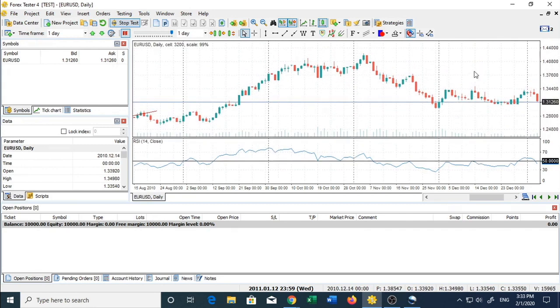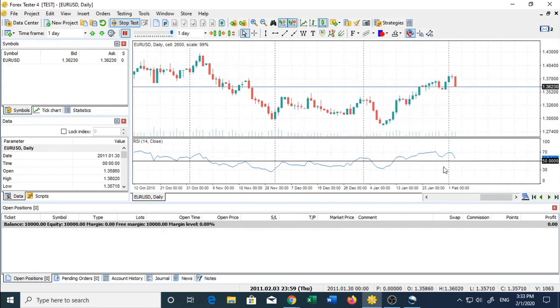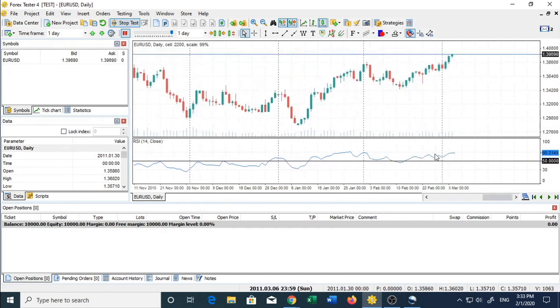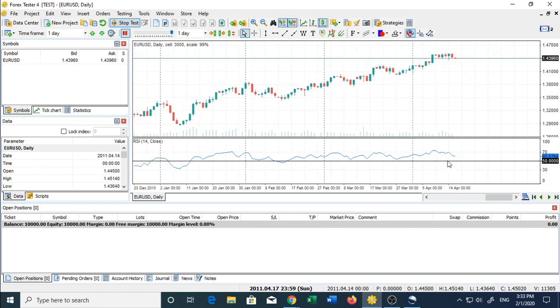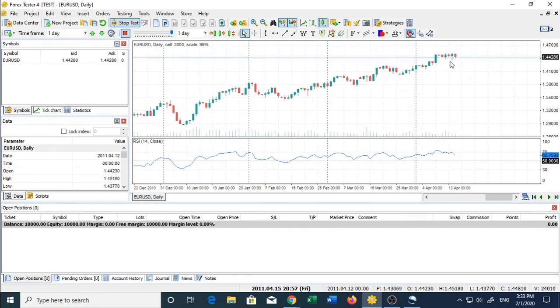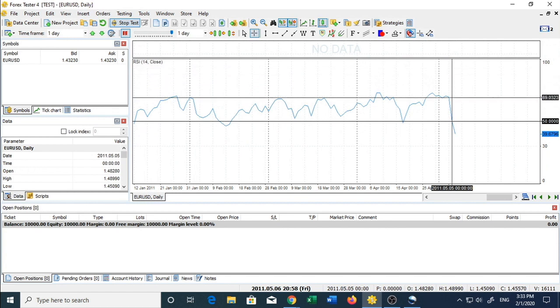Let's look for an example. This one nearly touched it. Oh, there you go. That's a signal for a sell trade, but it didn't work. See, the prices started trading higher. I think this one would be a better example. What's the level here? Let's just enlarge it.